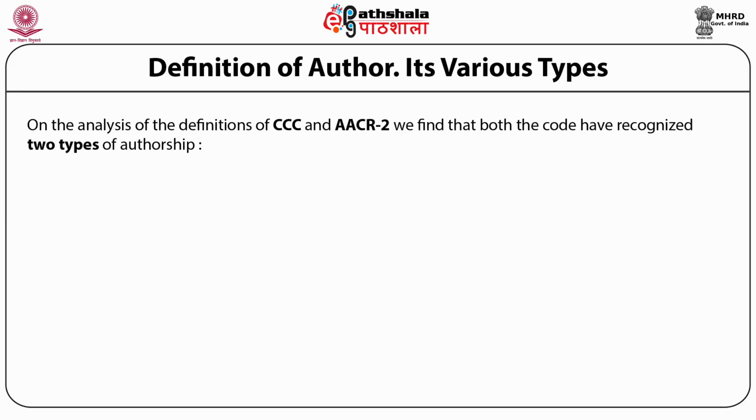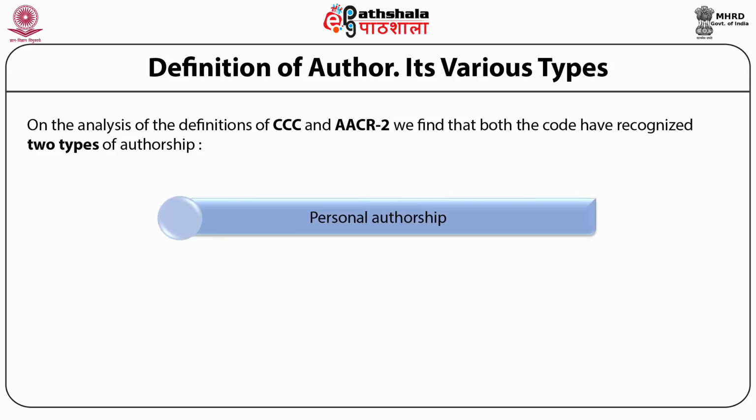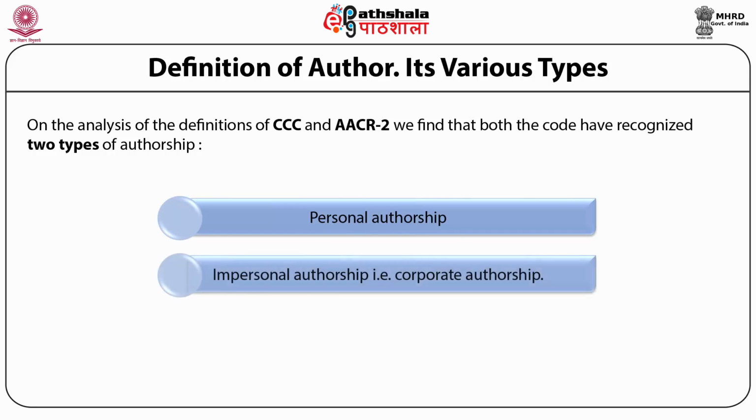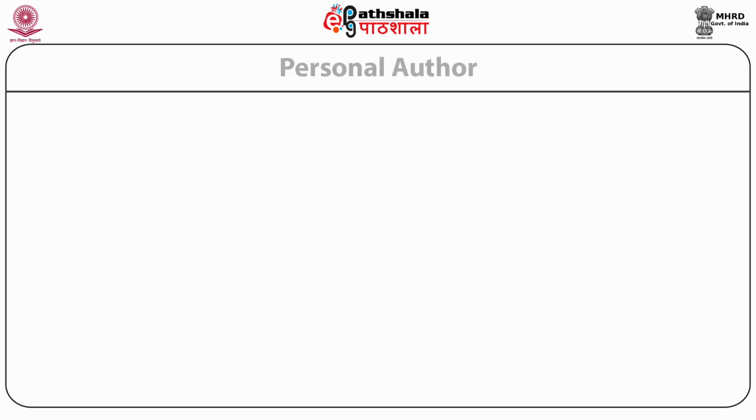On the analysis of the definitions of CCC and AACR-2, we find that both the codes have recognized two types of authorship. First is personal authorship, second is impersonal authorship, that is, corporate authorship.